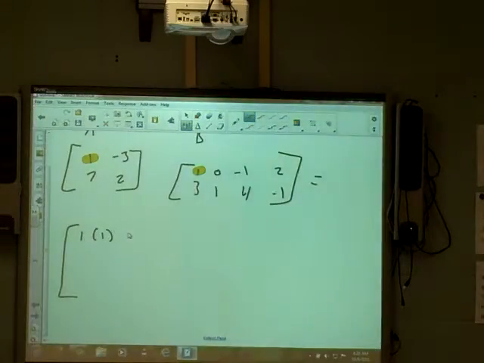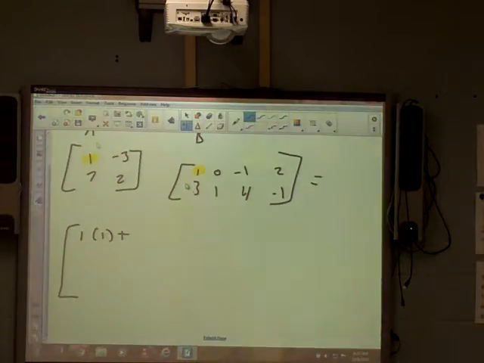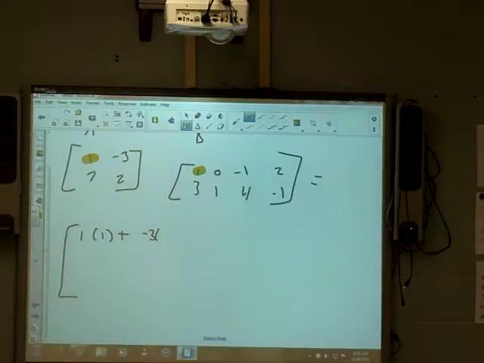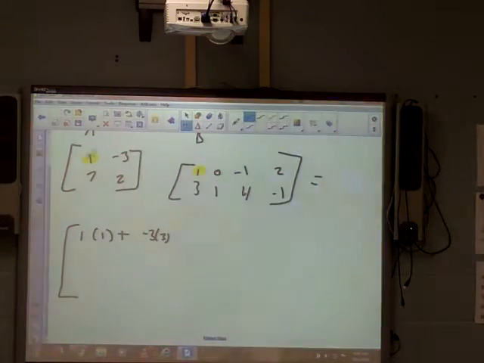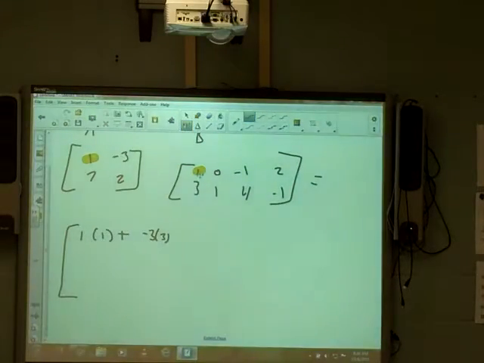Then we add that to negative 3 times 3. So we've done top row to first column.